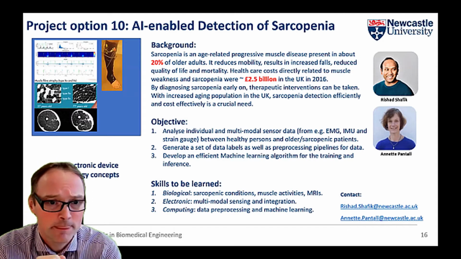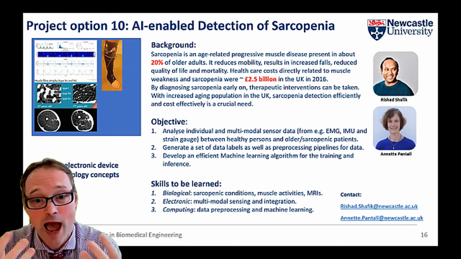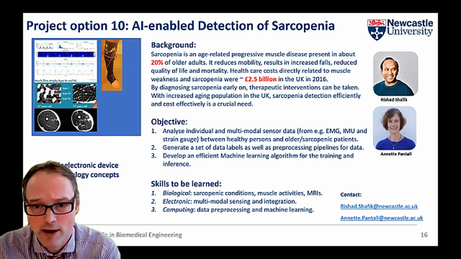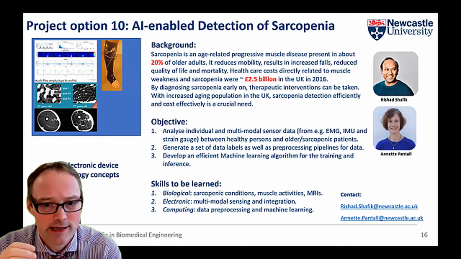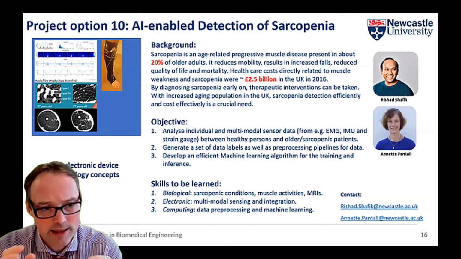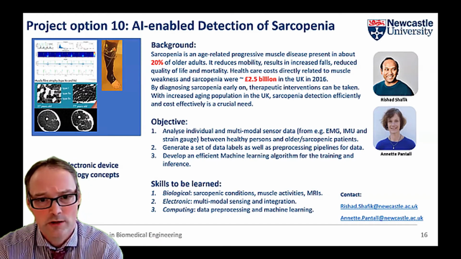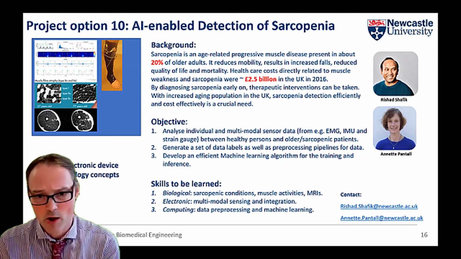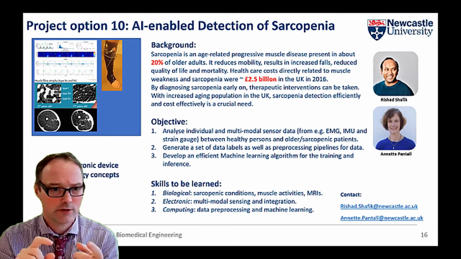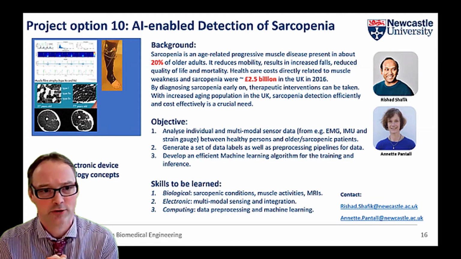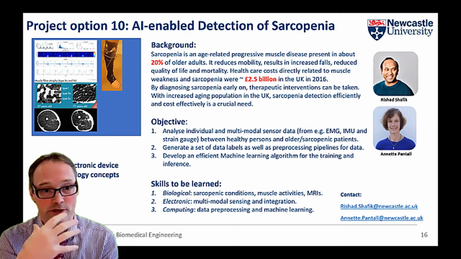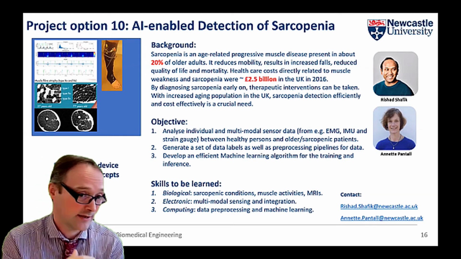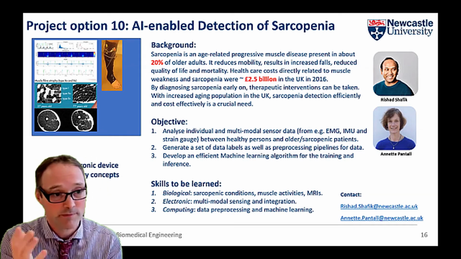And project 10 is an AI technique in the area of sarcopenia. A big aspect of biomedical engineering these days is image analysis. At the moment in hospitals around the world, you've got highly trained ophthalmologists, bone people, cancer people, etc., and they have to go through thousands of images to determine if there's a particular disease present, whether cancer or sarcopenia or something else.